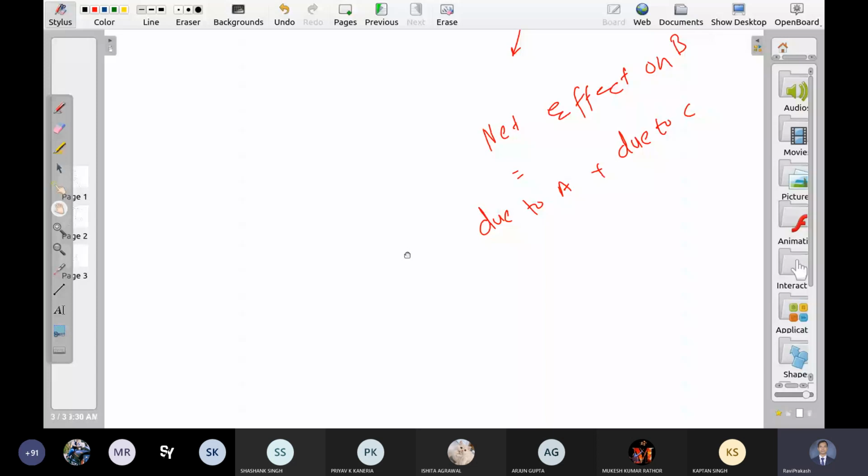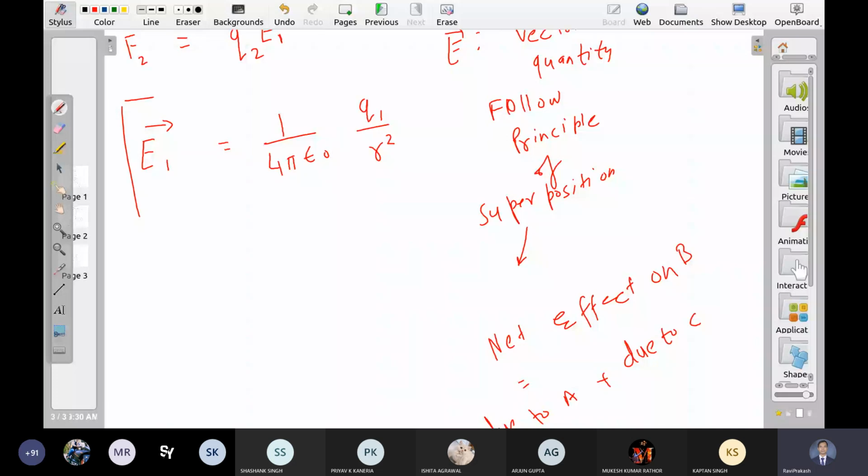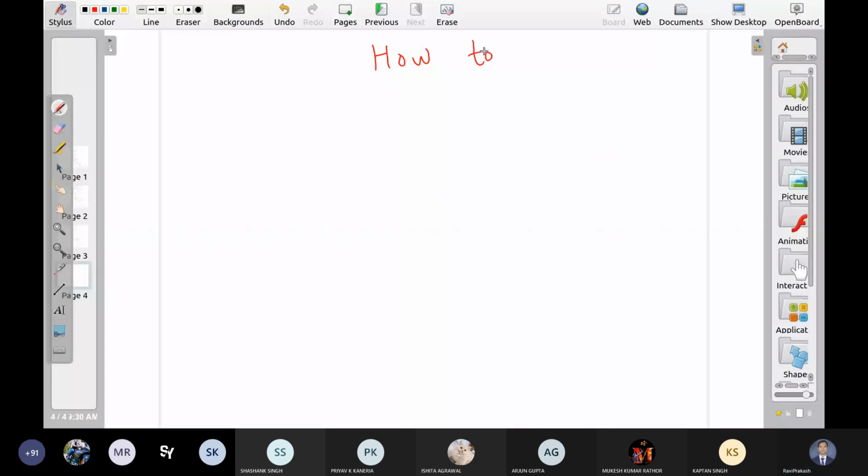So this is the definition and formula of electric field. ये आपने पहले भी पढ़ा है. Nothing new here. How to represent it?